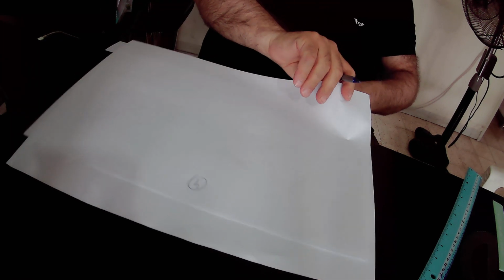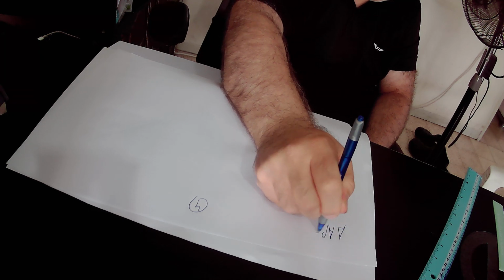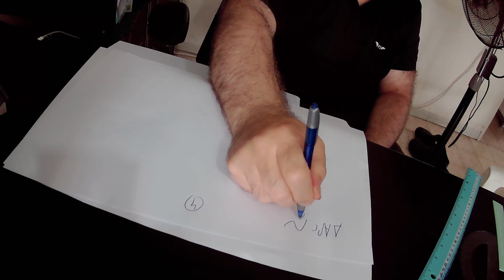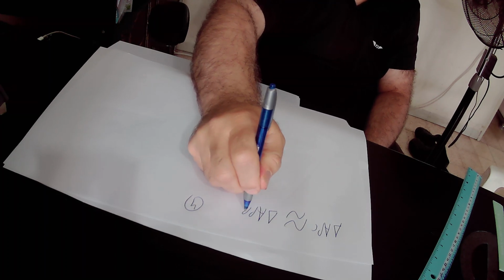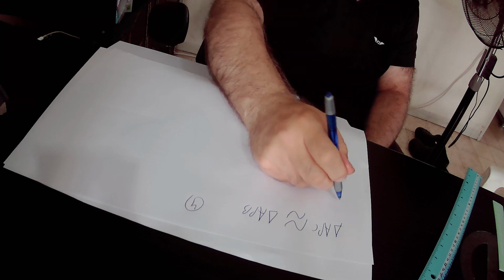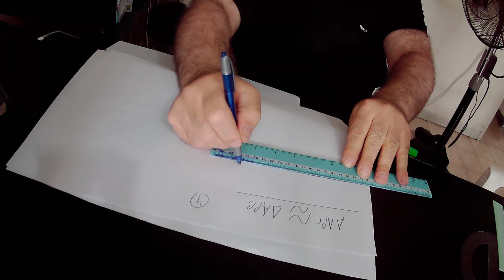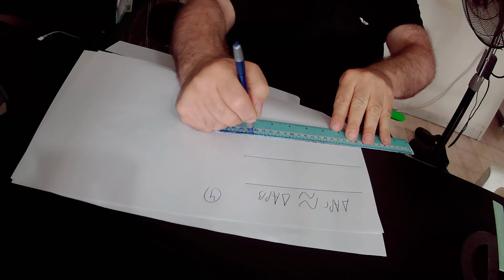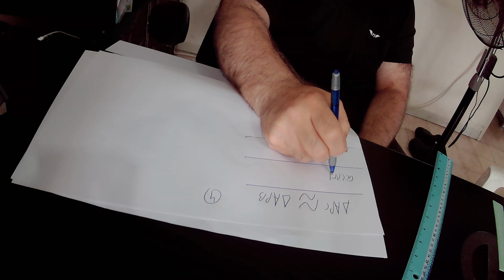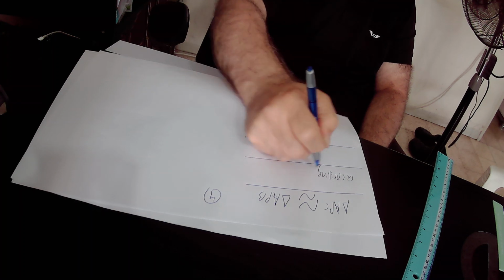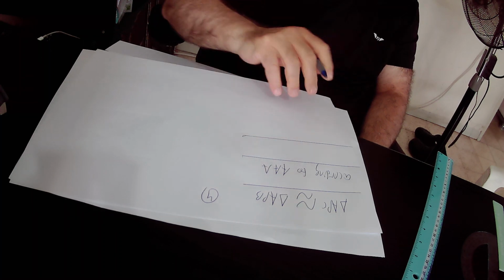The green triangle APC is similar, this is the sign of similar, to the white triangle APB according to the angle similarity rule.